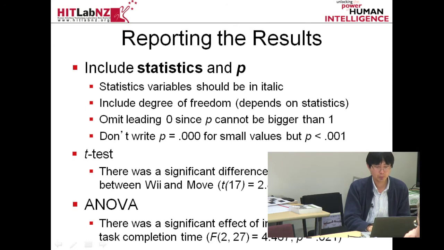And when you're reporting a very small p-value, so if your statistics tool printed out something like 0.0000 with five zeros and 1 at the end, it's not necessary that you report all those zeros.